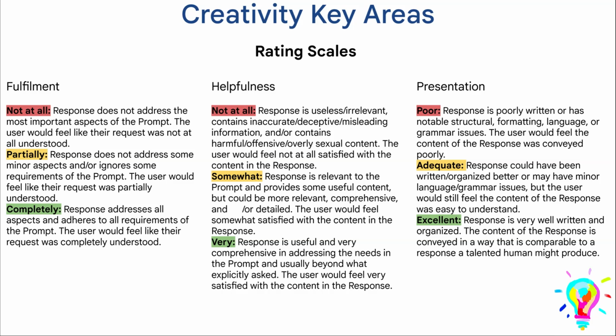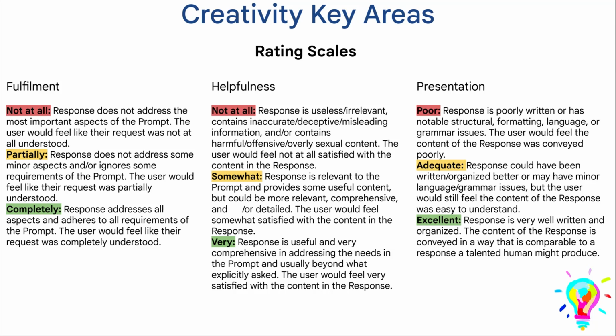Response is relevant to the prompt and provides some useful content, but could be more relevant, comprehensive, and/or detailed. The user would feel somewhat satisfied. Very. Response is useful and very comprehensive in addressing the needs in the prompt and usually goes beyond what was explicitly asked. The user would feel very satisfied with the content in the response.